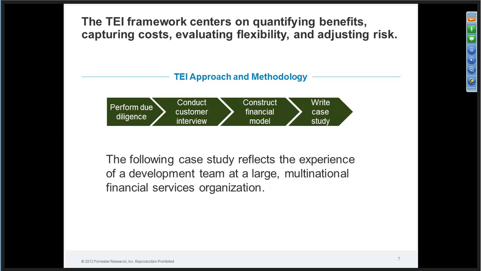We do that by conducting extensive interviews with them, and in this case, we had a number of interviews with a large multinational financial services organization. Based on that, we build a financial model, do a fair amount of modeling in Excel. We validate that model with the case study, and we identify the points at which the inputs to that model vary. And from there, we write up a case study that documents the model and looks at the specific benefits.